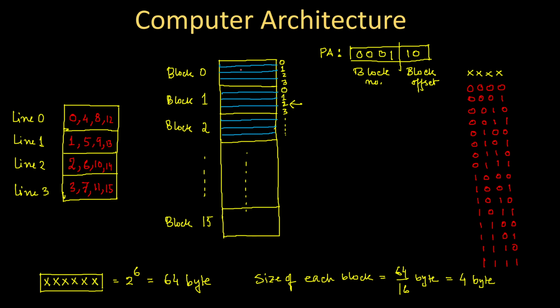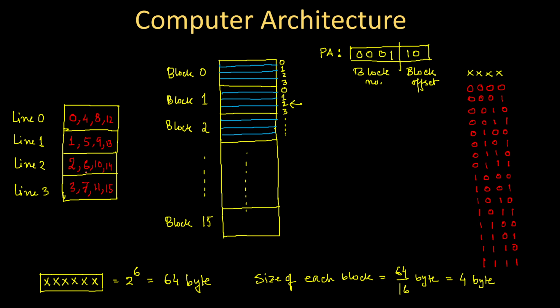Block 0 can be mapped only in line 0. Block, say, 9 will be mapped only in line 1. You cannot put the block data of block number 9 in other lines of the cache. And how can we do this?